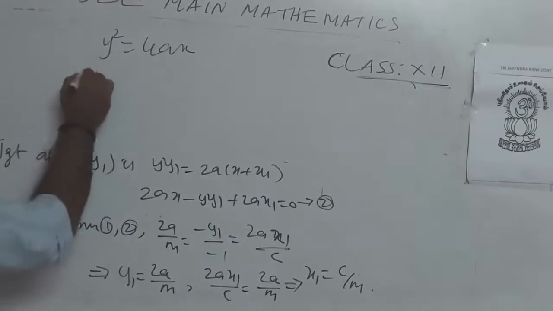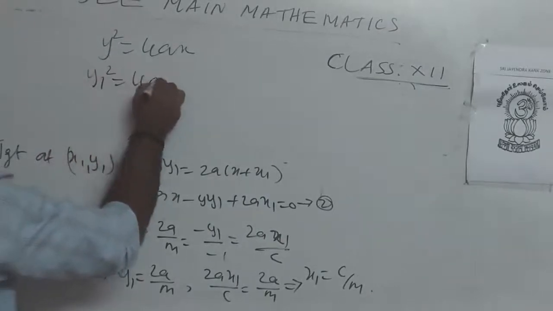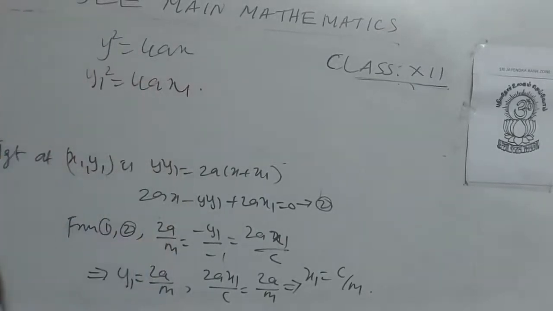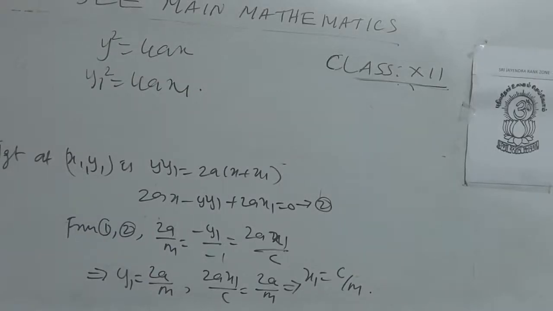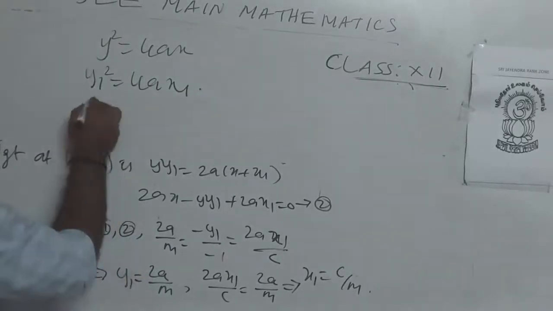x1, y1 lies on this curve, therefore y1 squared equal to 4a x1. So in place of y1 we have 2a by m.